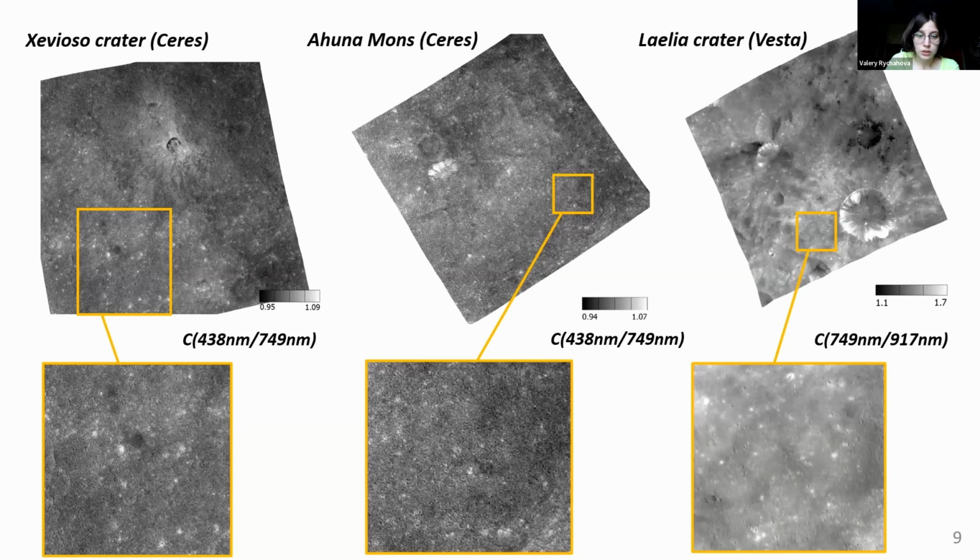So such bright ejecta on the color ratio map that we could see here point to maybe higher depths of the pyroxene band. Next, please.